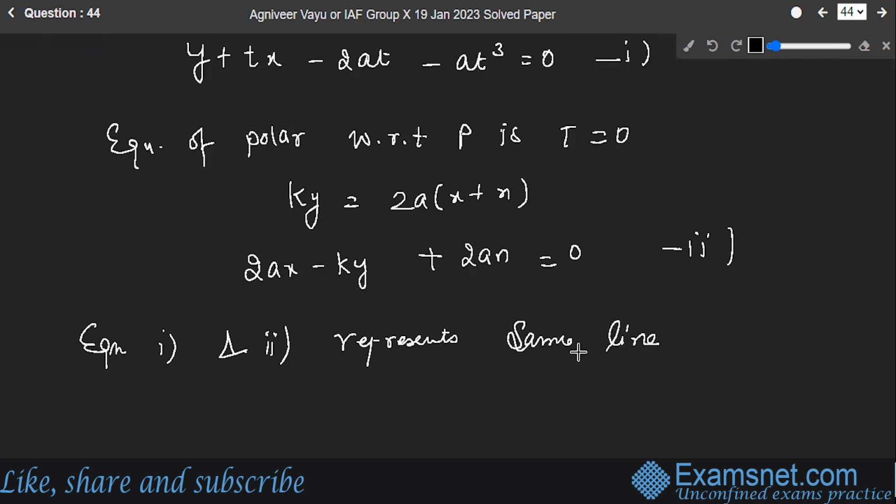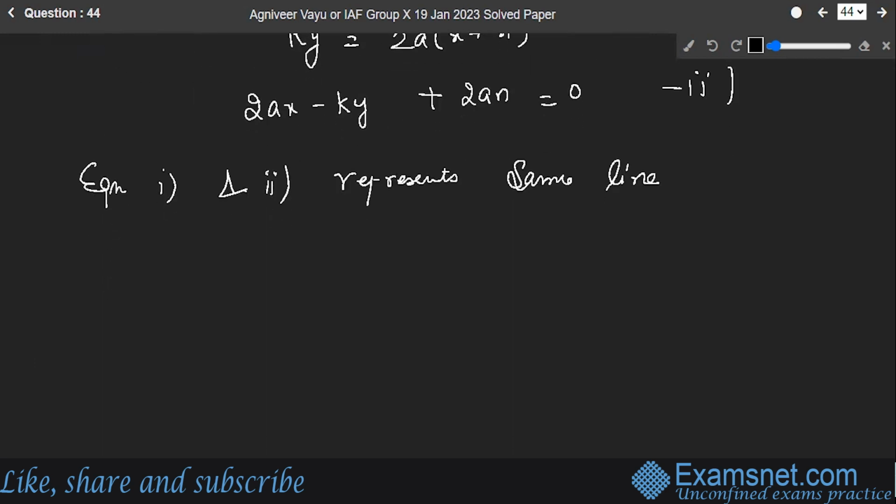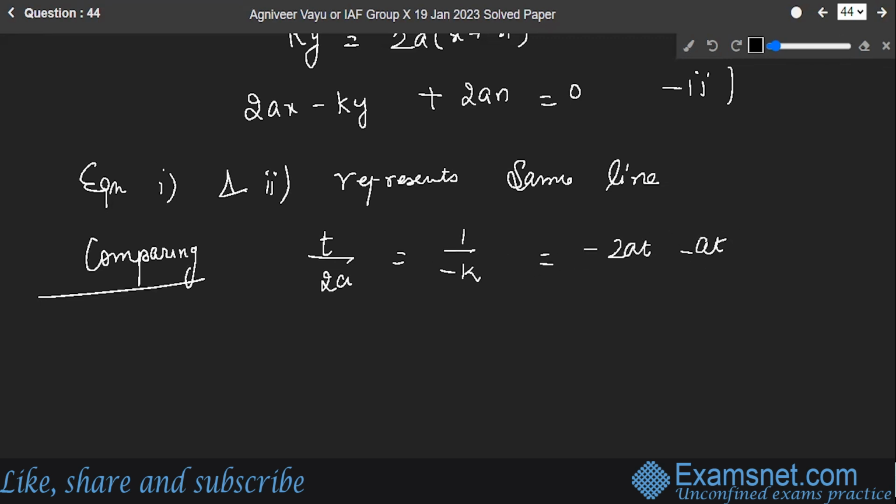So, comparing both the equations, you have t upon 2a is equal to 1 upon -k is equal to (-2at - at^3) divided by 2ah.